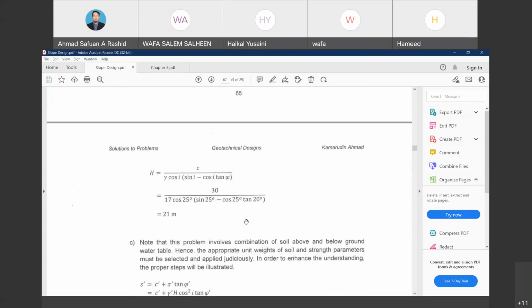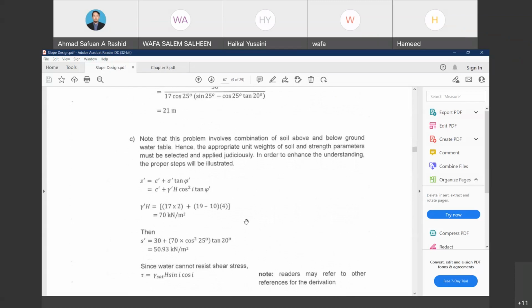We may discuss the M approach later on. When we look at Dr. Kamaruddin's approach, he has divided it into 4 types of situations: cohesive without seepage, cohesive with seepage, granular without seepage, granular with seepage. However, when we use the M approach, it is a universal equation, and it could cater for different types of situations.